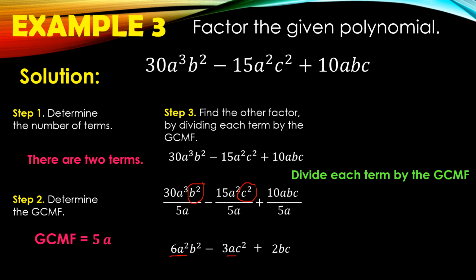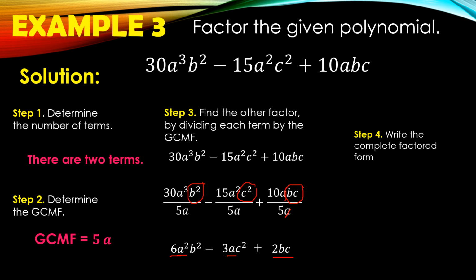And then divide the common variable. A divided by a is equal to 1. So no need to write it down in our final answer. All you need to do is to copy the remaining factors, b and c.